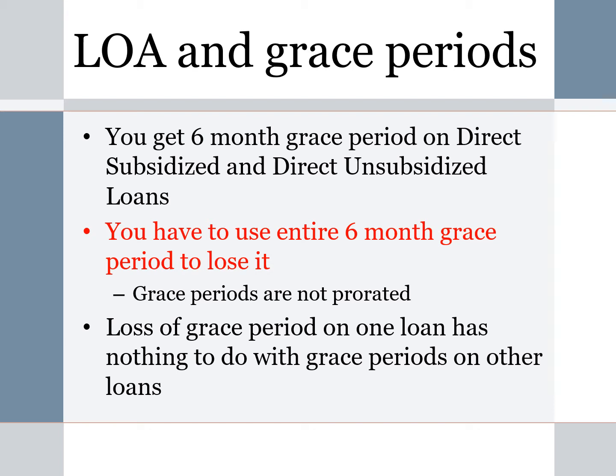But if you took a gap year between college and graduate school, then you used up the entire 6-month grace period. Note that the loss of the grace period on one loan has absolutely nothing to do with grace periods on other loans you may take out, and we're going to explain that more on the next slide.